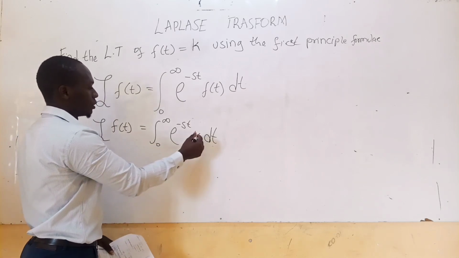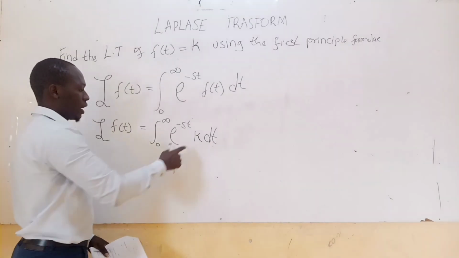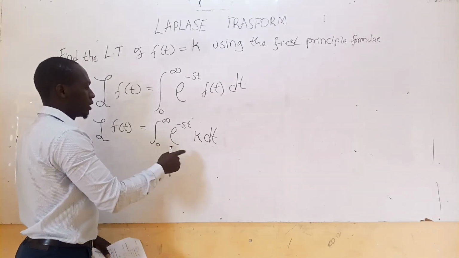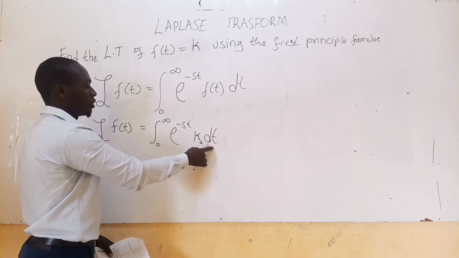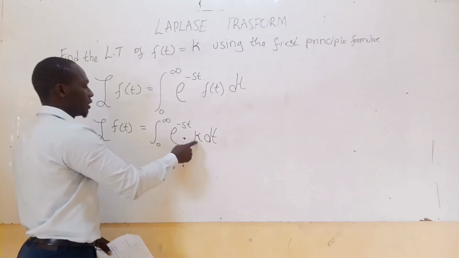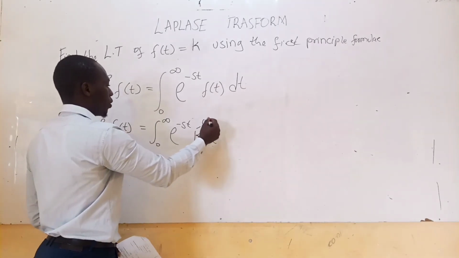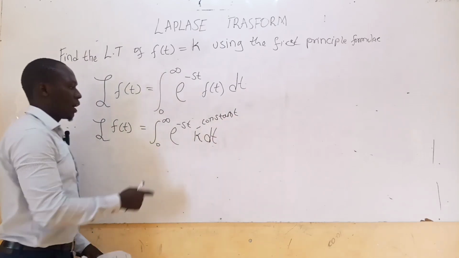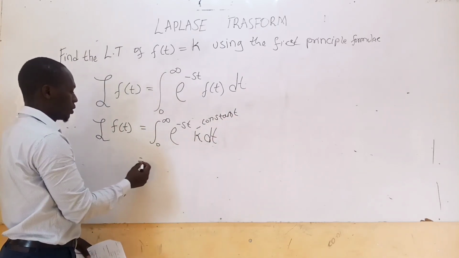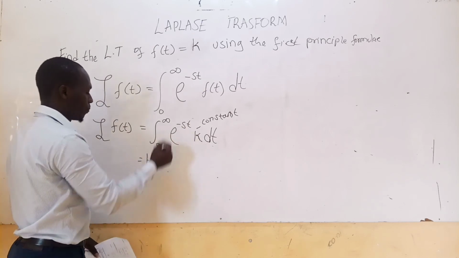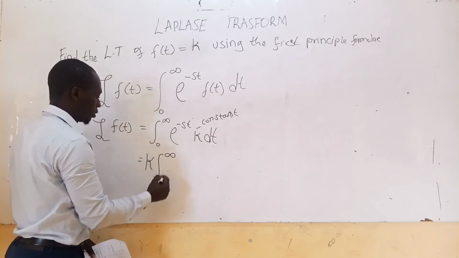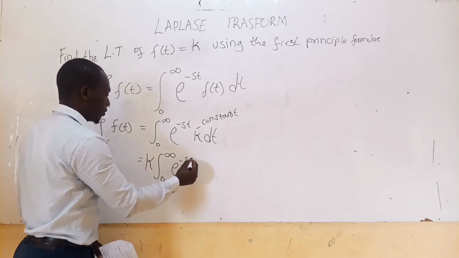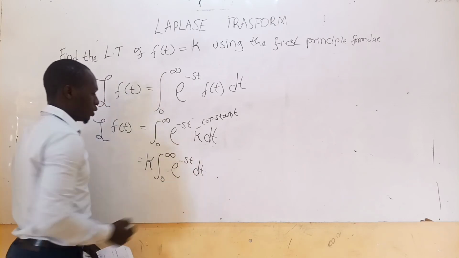Now from here, as you can see, our differential is with respect to dt, which means that the term k is going to be a constant. And when k is a constant, that means we are going to factor out k, leaving the integral with respect to our limits of exponential negative st with respect to dt.